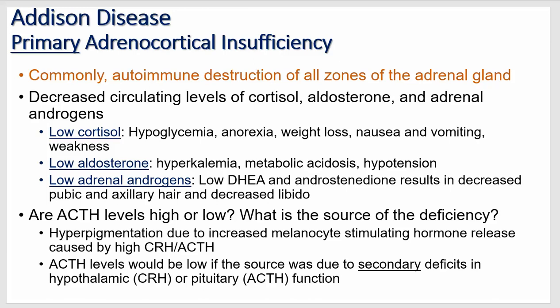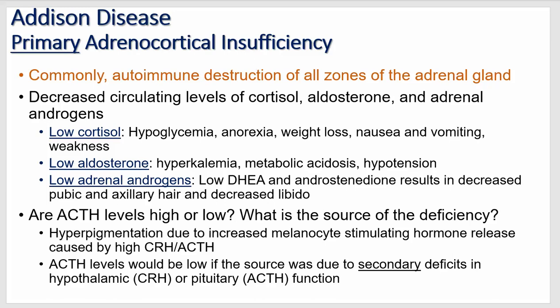So one thing that we haven't really talked about, and this is the only place we're going to talk about it, is something called melanocyte stimulating hormone. Melanocytes produce melanin, which increases pigmentation of the body.